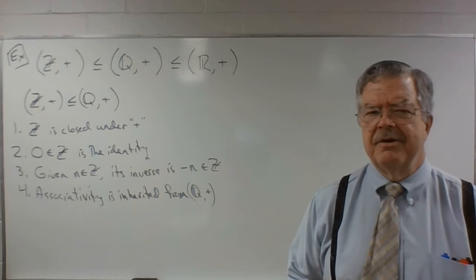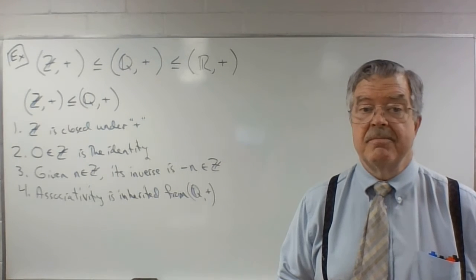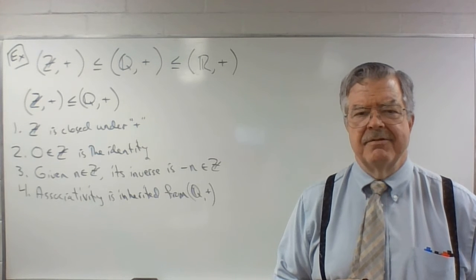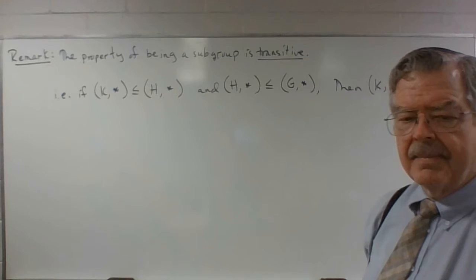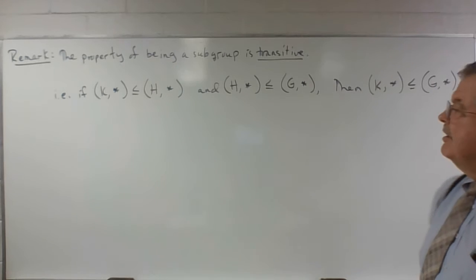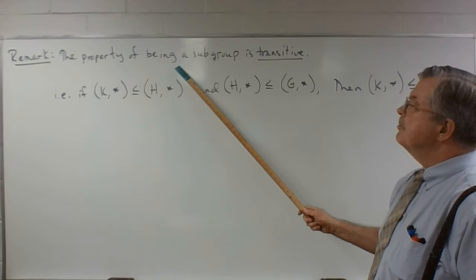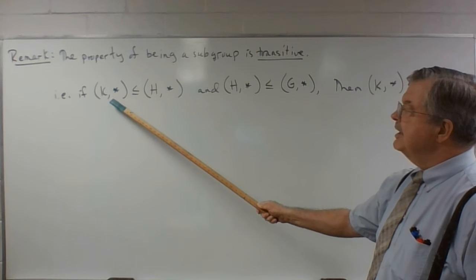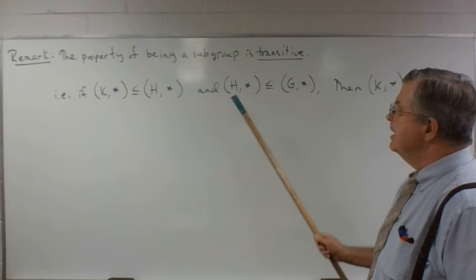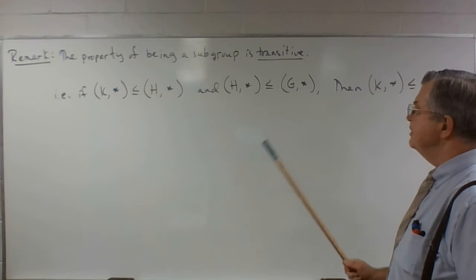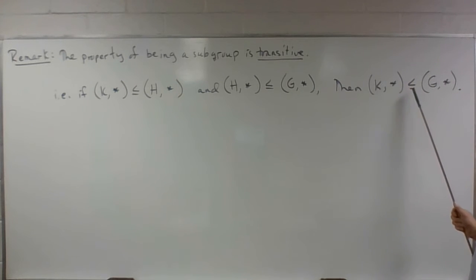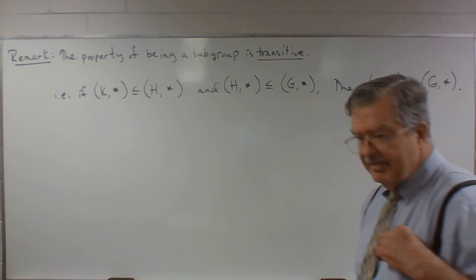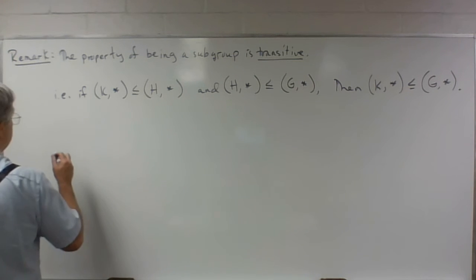I could show also that the integers are a subgroup of the real numbers under addition, but I'd rather state it in a different way. We might note this once and for all time. The property of being a subgroup is transitive. So if group K is a subgroup of group H, and group H is a subgroup of group G, then group K is a subgroup of group G. And so we can apply that to the example that we just had.